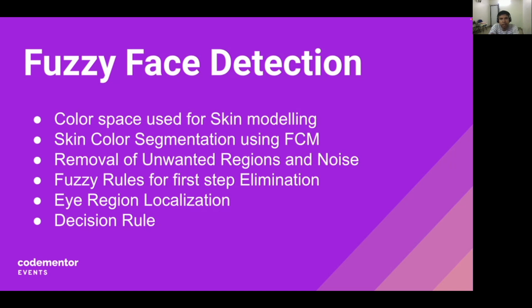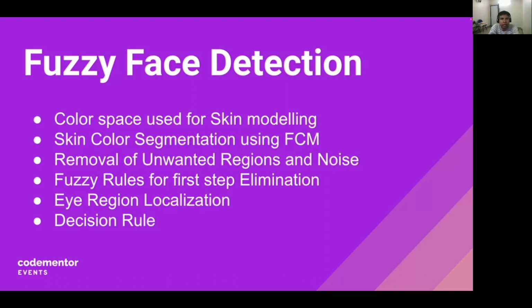So here are some steps we use in our approach. These are color space modeling, the space used for skin modeling, and then we do the skin color segmentation using the fuzzy C-means algorithm. That is the AI logic to do unsupervised learning.